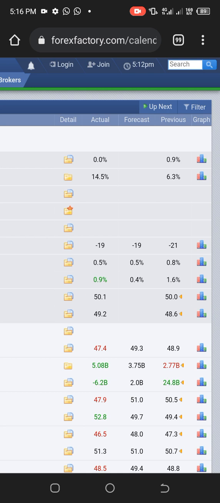Now, if the currency is the base currency, I thought about base and quote currency. If you don't know about base and quote currency, there is a video on base and quote currency on this channel. All you have to do is watch it. If NZD is the base currency and actual is greater than forecasted data for employment, GDP, what do you do? You buy it when they are paired with USD or any other currency pair, provided NZD is the base currency.